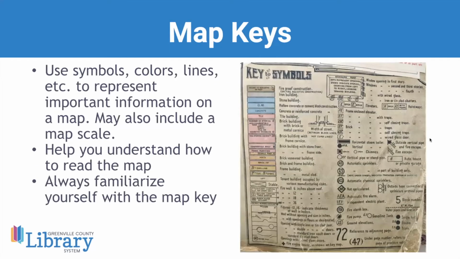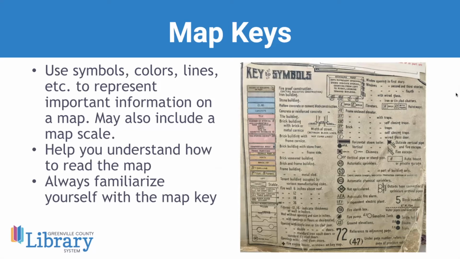But before we go explore, I did want to mention one last thing about the importance of looking at map keys, because almost every map that you'll find will have, sometimes on the bottom, sometimes in the lower right corner, a little key of symbols, lines, colors, etc. This one that I'm showing here is from our Sanborn map key.